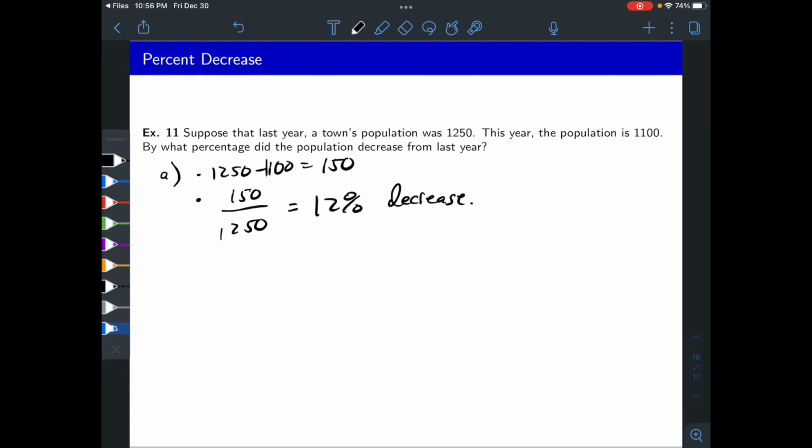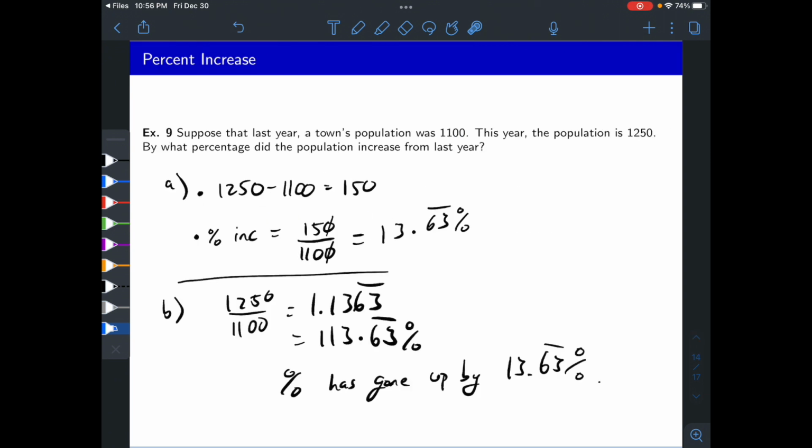Notice that we had the same numbers. We went from 1250 down to 1100, and that gave us a 12% decrease. Whereas before, we had 1100 up to 1250. That was not a 12% increase. It was like a 13.63% increase, right?